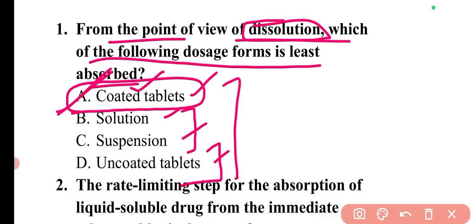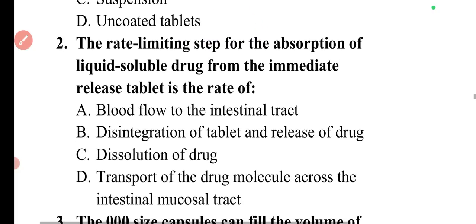It will break down in the intestine only, and there it will be absorbed. So coated tablets will be least absorbed as compared to the other formulations. So here option A is correct.